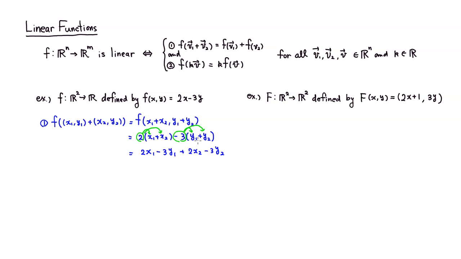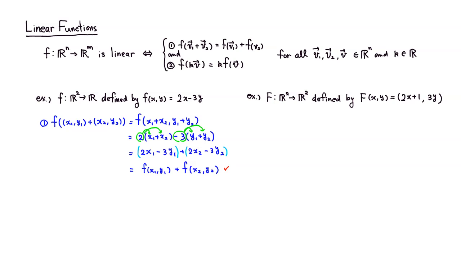Then you can see that we can group these things together. The first grouping is exactly f of x1 comma y1, and the second grouping is f of x2 comma y2. Which verifies the first condition.